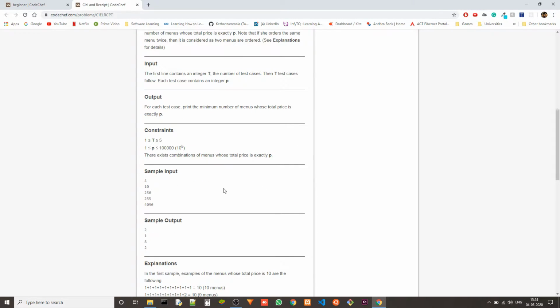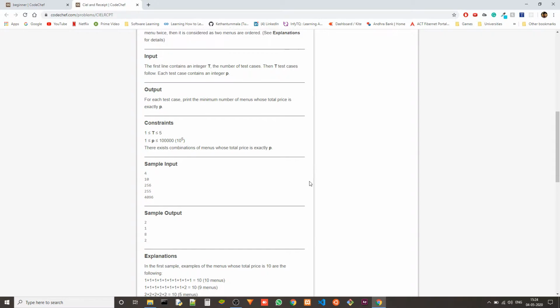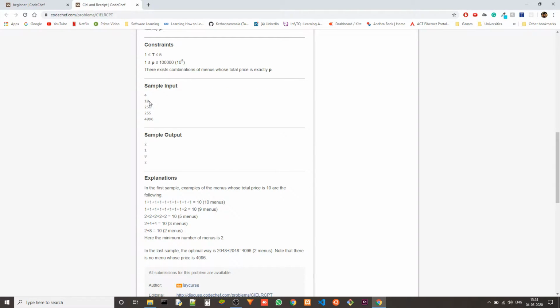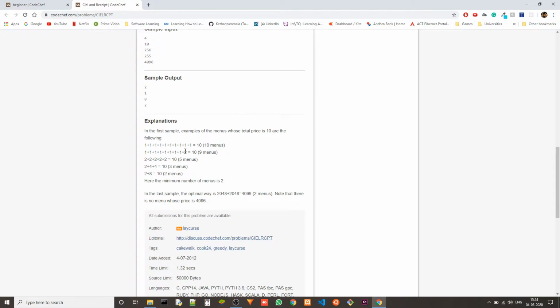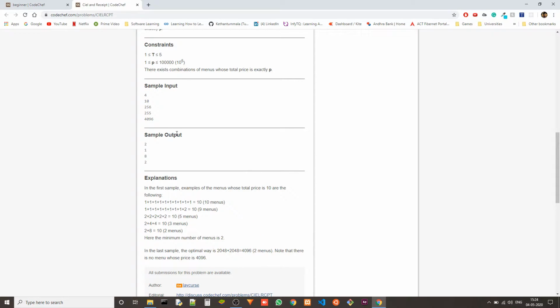Let me go through the input so that you can understand the problem better. There's actually a good explanation about the problem input and output. Let's say p is given as 10. Now we need to find the minimum number of menus so that we can hit the price 10, but we have to minimize the number of items.